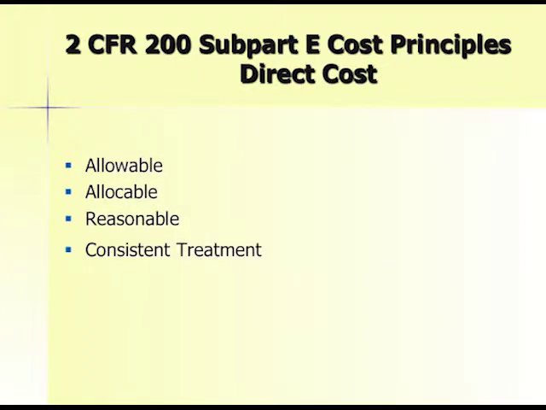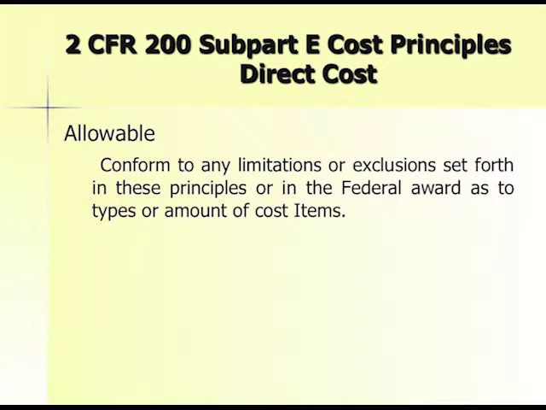To be a direct cost, it has to meet these four criteria. We'll go through each one, but it has to be allowable, allocable, reasonable, and we have to treat it consistently. What do we talk about when we say a cost is allowable?